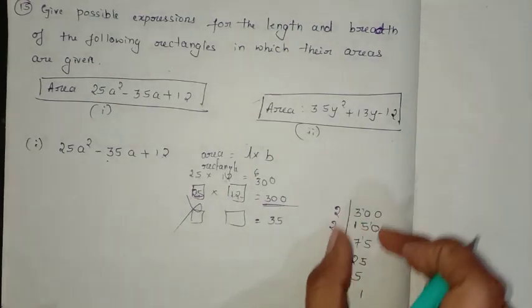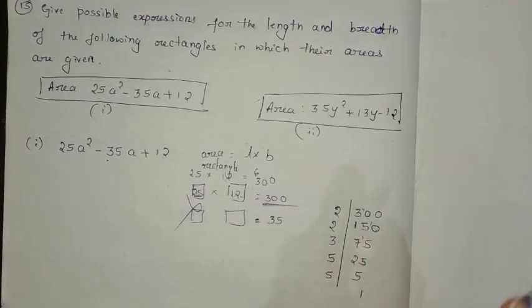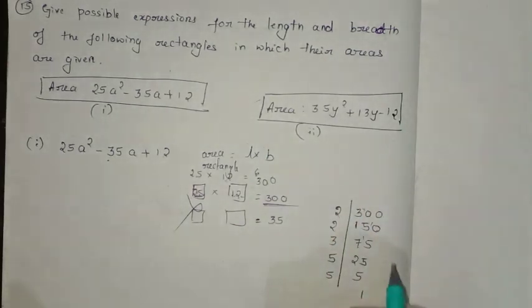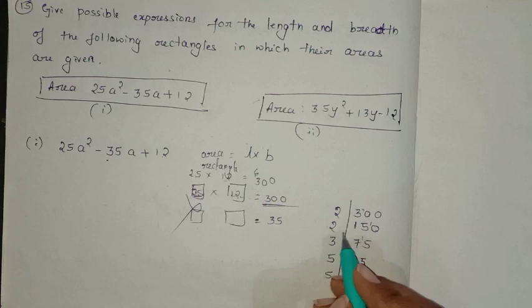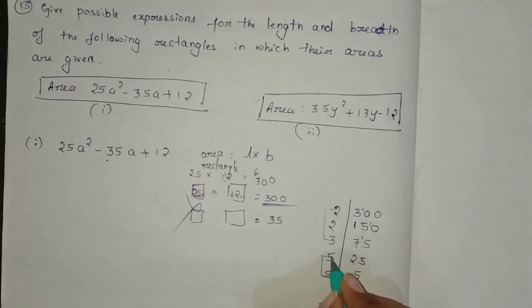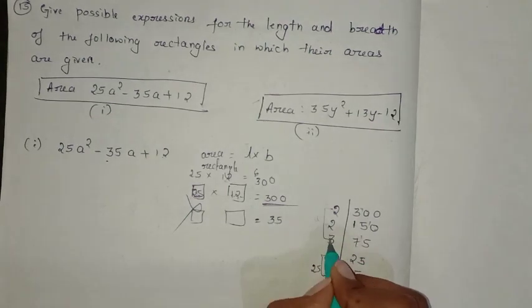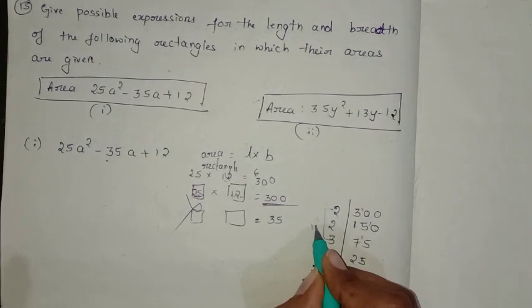This is a method to guess the numbers for your convenience. Now you have to make two pairs from these. We can make these 3 one pair and these 2 the other pair. So 5 into 5 is 25, and 2 twos are 4, 4 threes are 12.